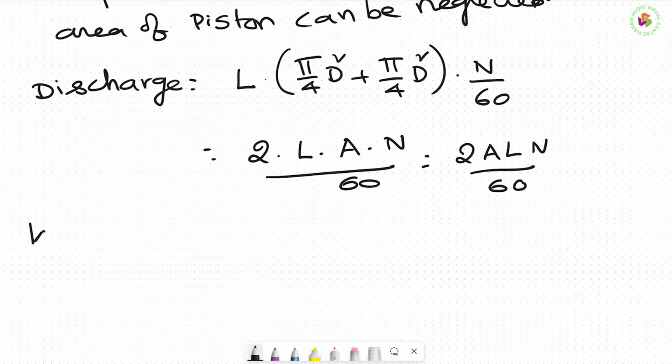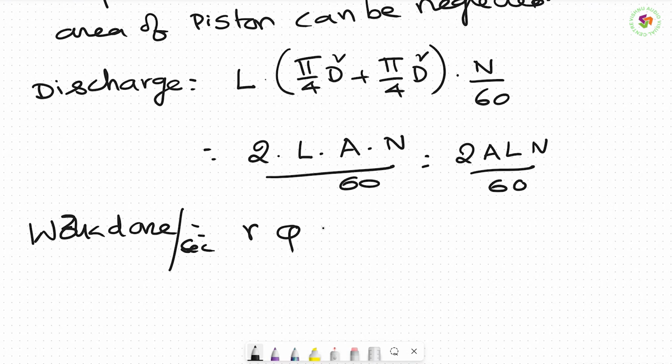Rest is the same. The work done per second is automatically gamma Q into HS plus HD.